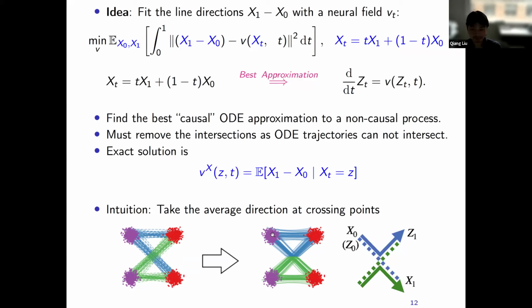So if you start from the upper cluster, you end up going to another point in the upper cluster without crossing the intersecting point, right? Okay. So now this gives us a differential equation that takes one distribution and converts it to another.